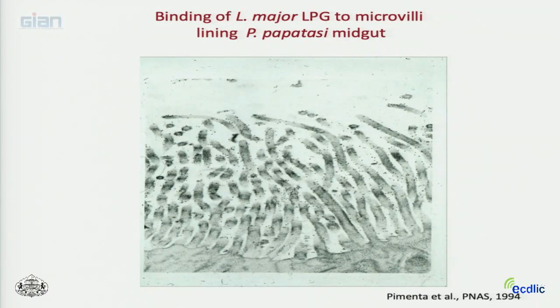And you can take the LPG that you purify from these parasites, and you can beautifully stain the microvilli lining the gut. So these are electron micrographic images of sections of the midgut, and beautiful staining of the LPG on the whole length of the microvilli structures.